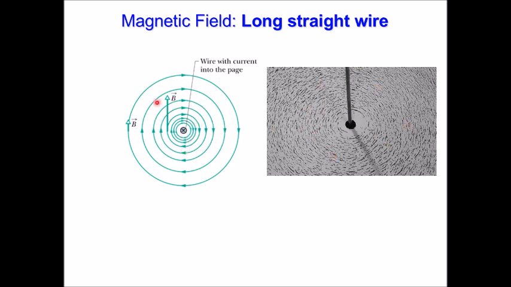So the current here is into the page, and the field lines are circulating the wire. How do we know the direction of the field line? You put your thumb in the direction of the current, so your thumb is into the page, and you see that your fingers are rotating clockwise.